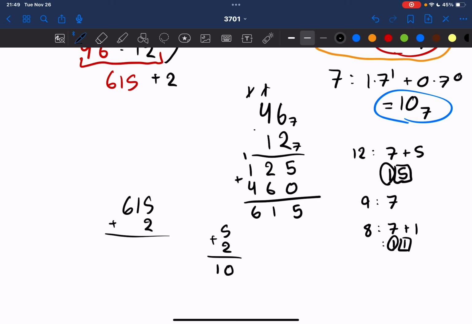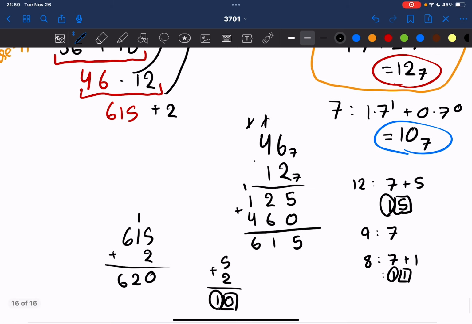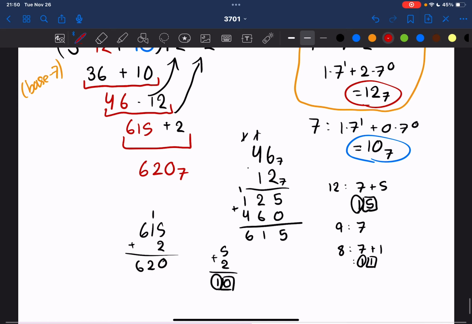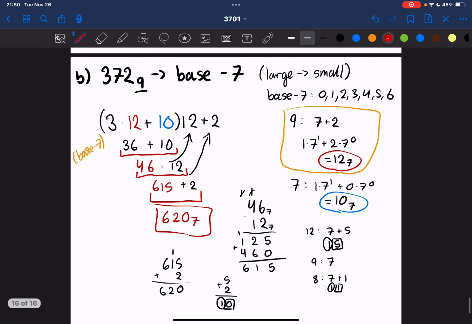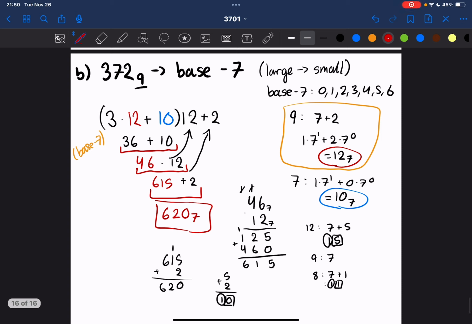Right? And so we're going to take that first digit, carry the 1, and then we have 2 and 6. So that means that is 620. So here we go. We have 620 base 7, and that's how you do the final conversion. So that means that 372 in base 9 is 620 in base 7.